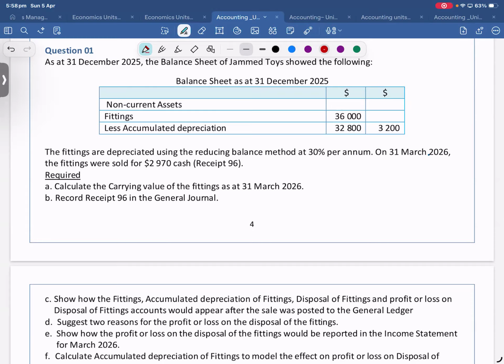If it was the straight line method, we are calculating on the historical cost, which doesn't change. It's not going to change. But with the reducing balance, the carrying value is going to change, so we always use the carrying value. If it is a full year, it is as it is. Otherwise, if it is proportionate, say 4 months, it is 4 over 12 times 30%.